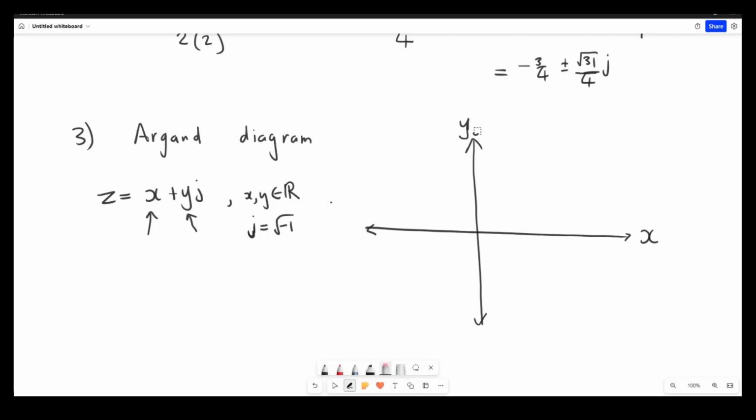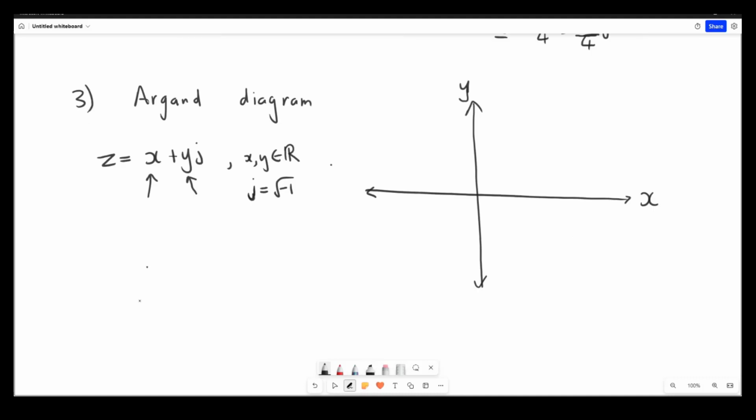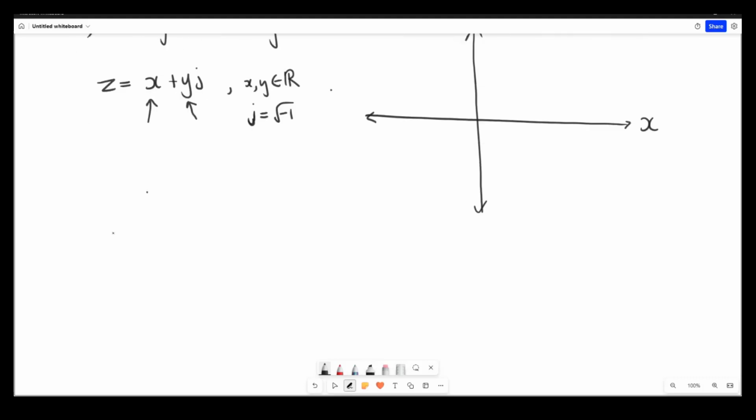So let's do this. Suppose I have numbers that I want to represent. Let's say Z1 is equal to 2 plus 3j. And Z2 is the number minus 3 plus 2j.